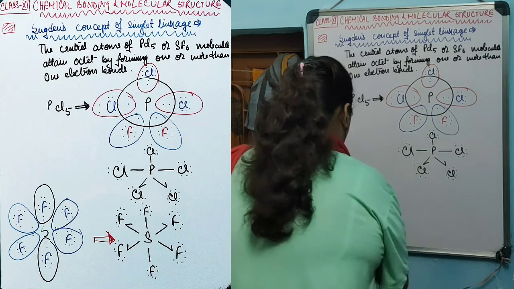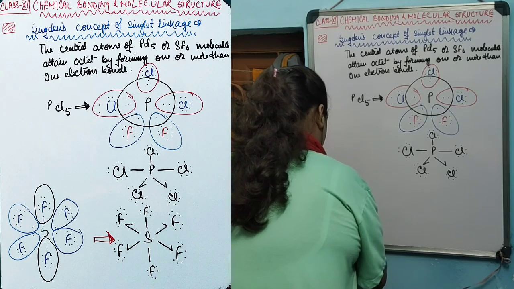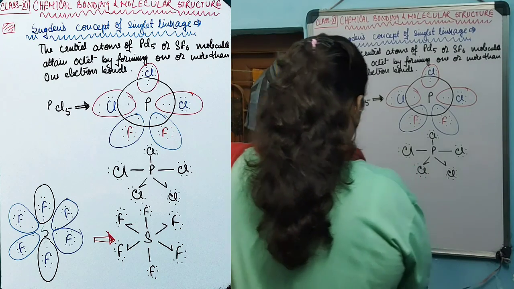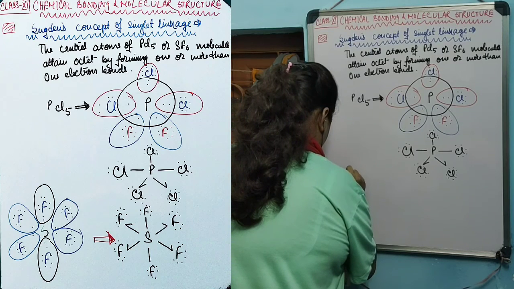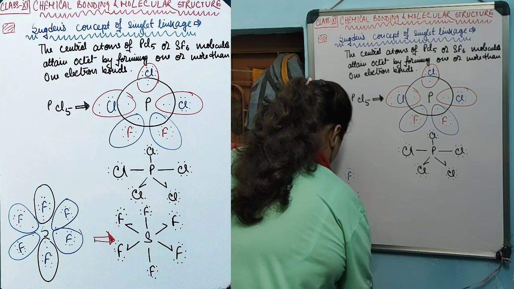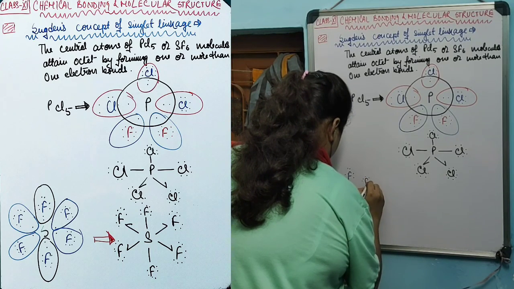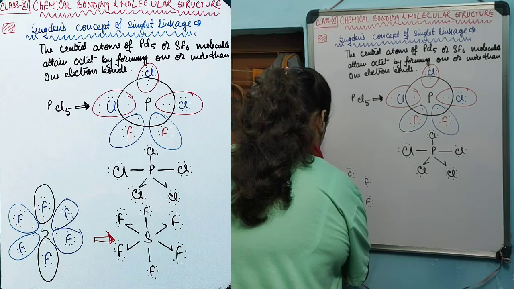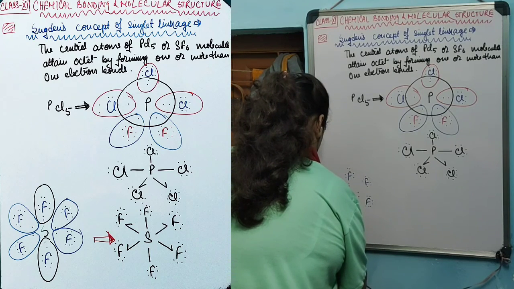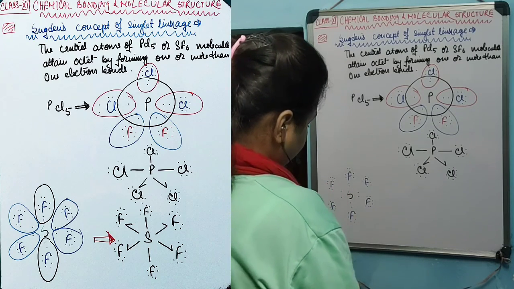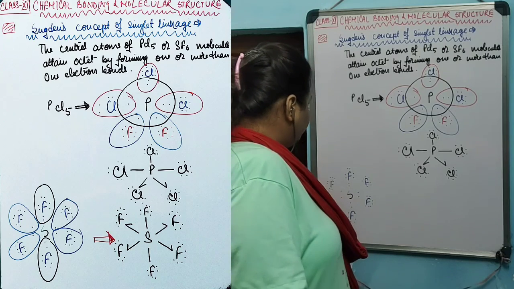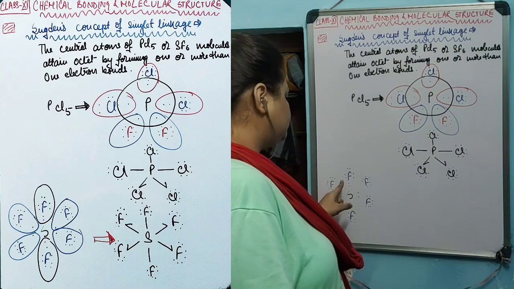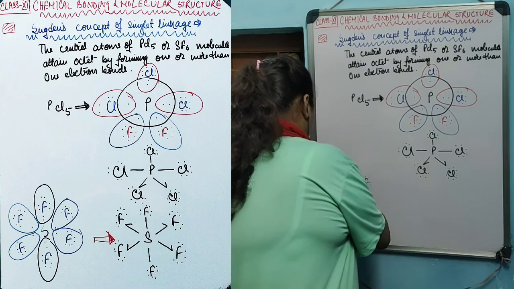Let's see what happens for SF6. Out of the 6 fluorines, 2 fluorines, this one and this one, will share 1 electron with the 1 electron coming from sulfur, and thus form a normal covalent sharing.